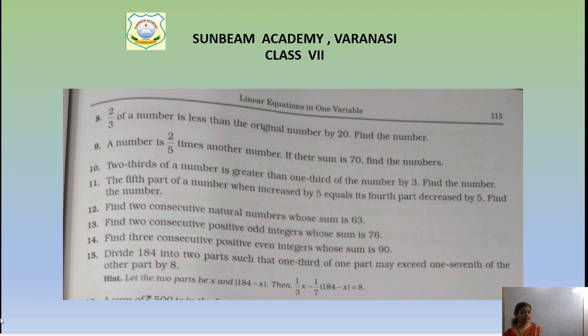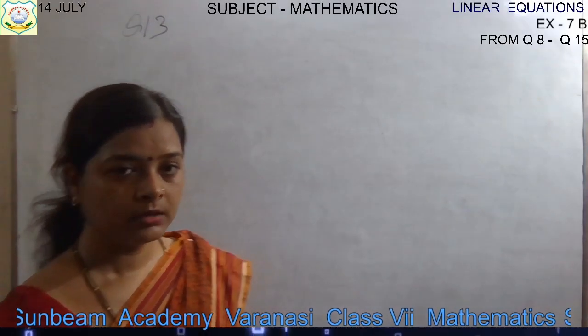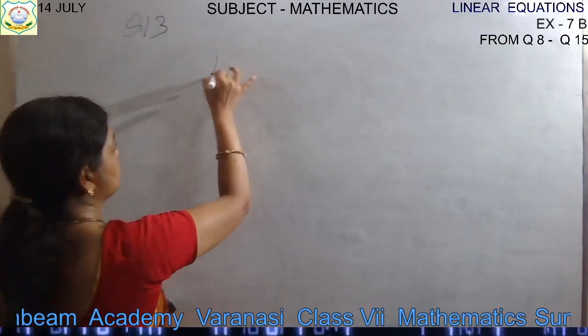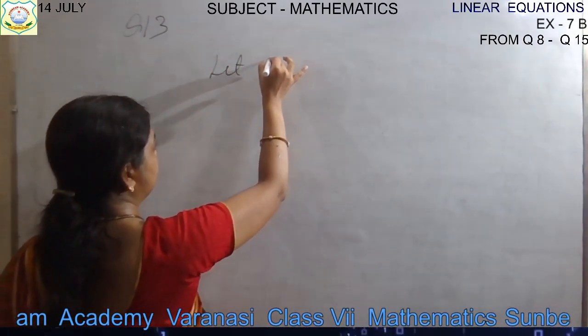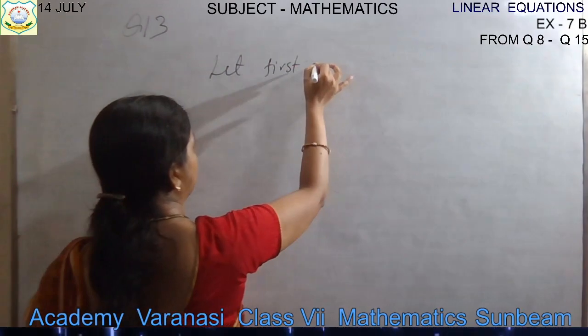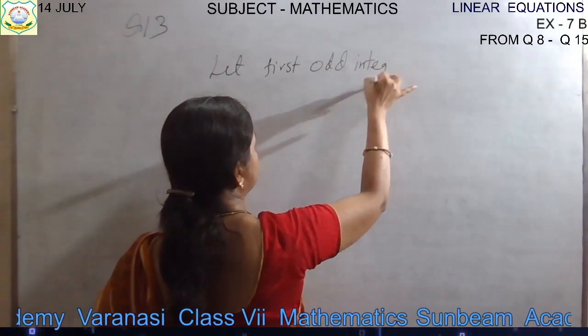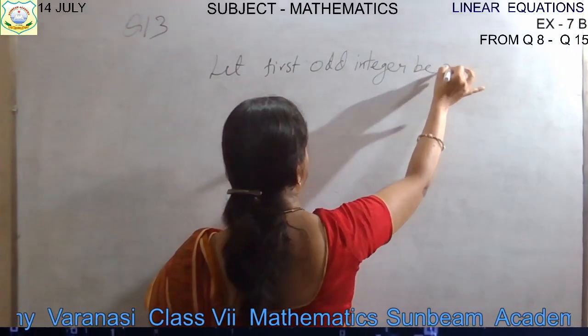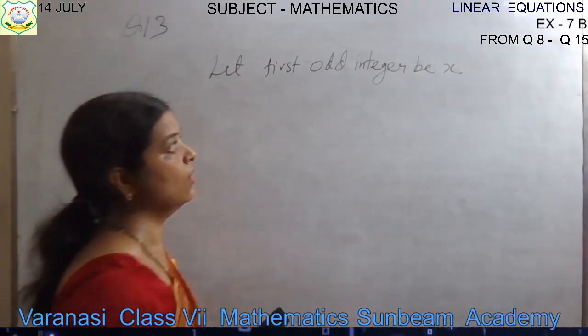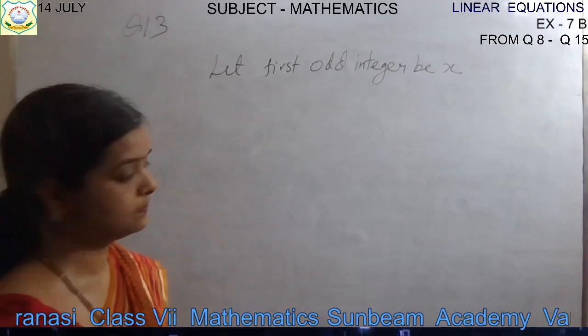76. It is 76. So now let's take the first odd positive integer you can write as x. Let the first odd integer be x.